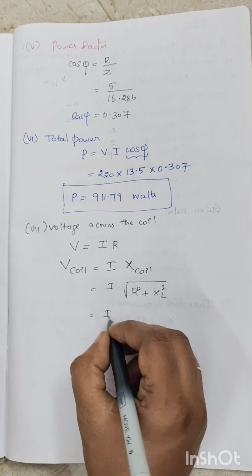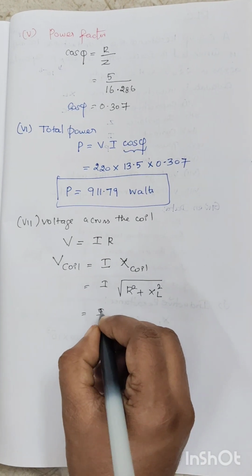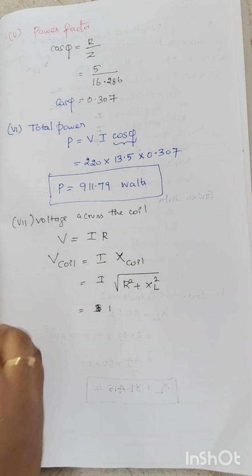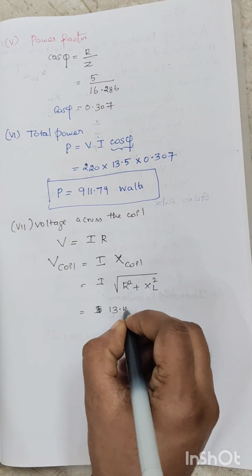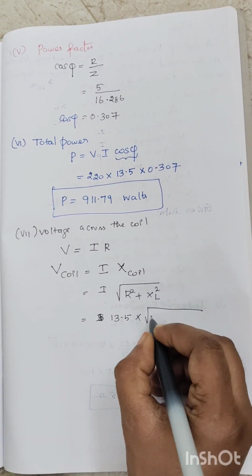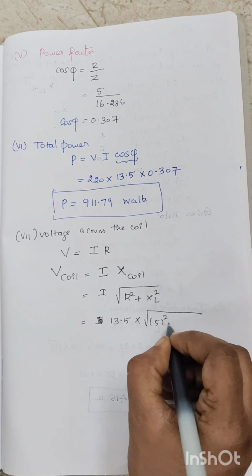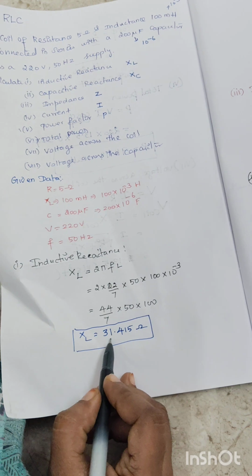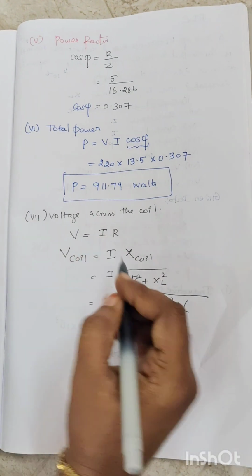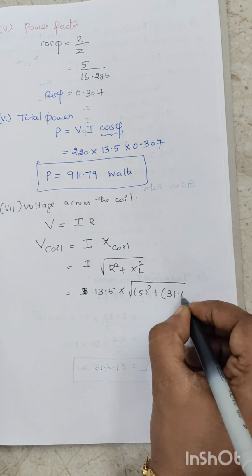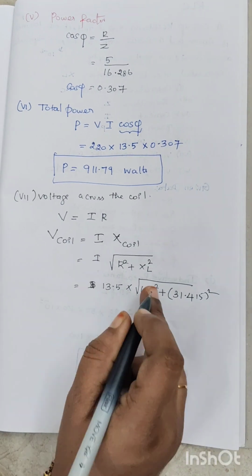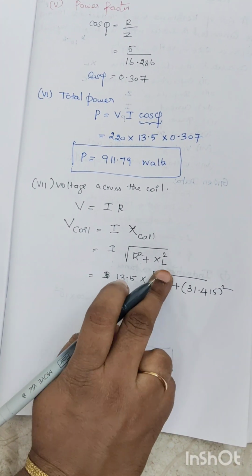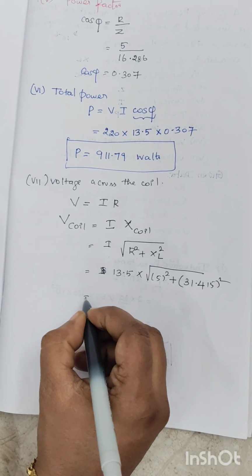I into Z coil is 13.5 into the root of R value 5 square plus the XL value, already found, 31.415 the whole square. 5 square is 25, then 31 square, then add the values, take the square root and multiply by 13.5.